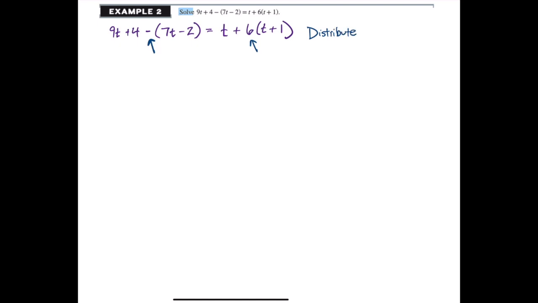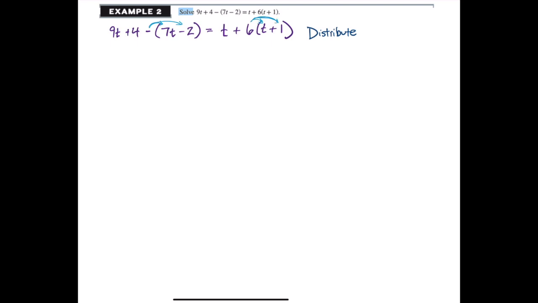And you can see this visually as, I usually like to write little arrows. Let me make this look a little cleaner. So we would distribute to the 7t, distribute to the negative 2, and the 6 would distribute to both the t and the 1.